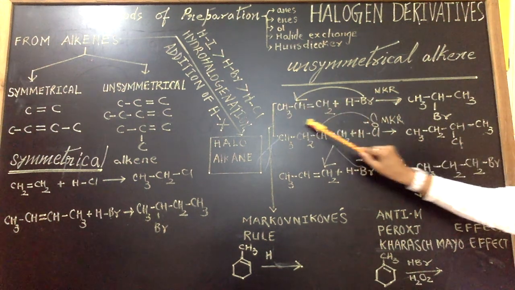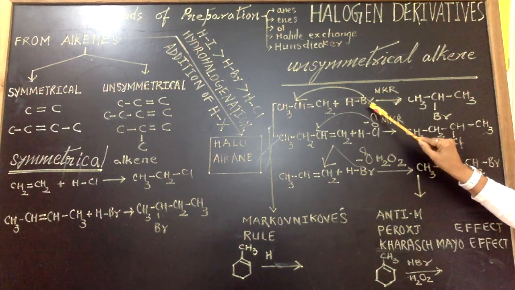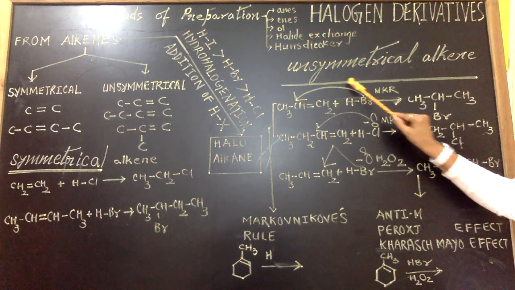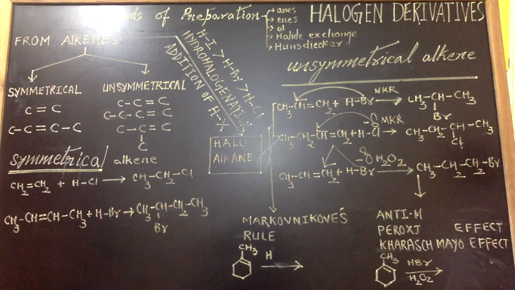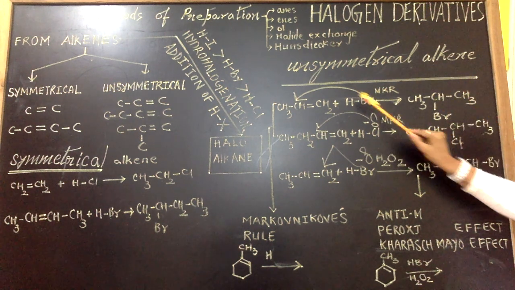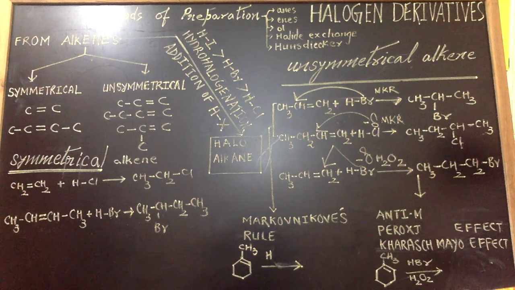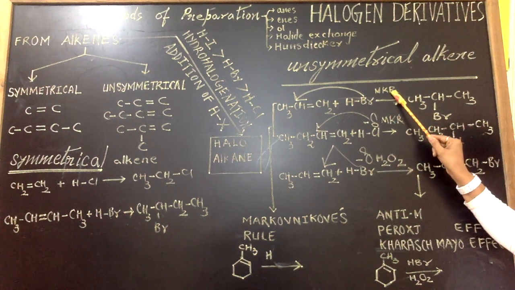When an unsymmetrical alkene is treated with a halogen acid, say HBr here, then the negative part of the reagent gets attached to carbon having less number of hydrogen atoms to give 2-bromopropane. Where bromine got attached to carbon having less number of hydrogen atoms across the double bond. This is called Markovnikov's Rule.